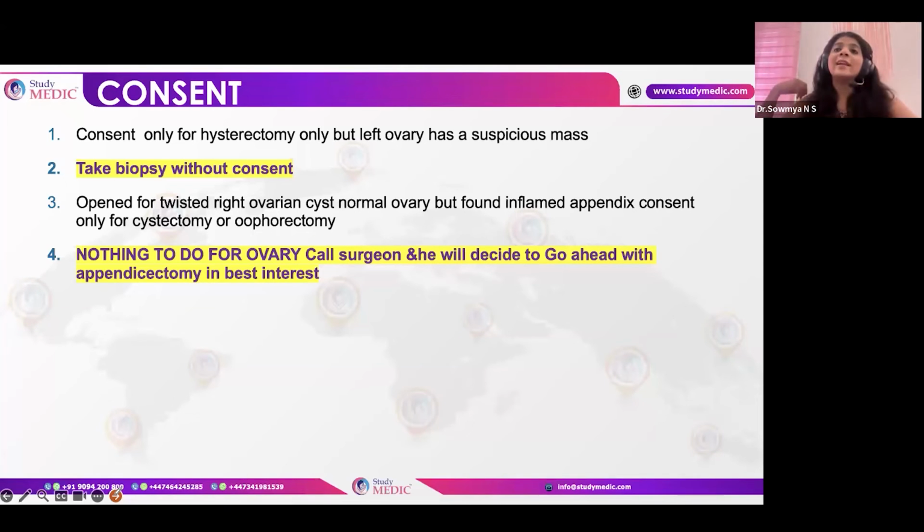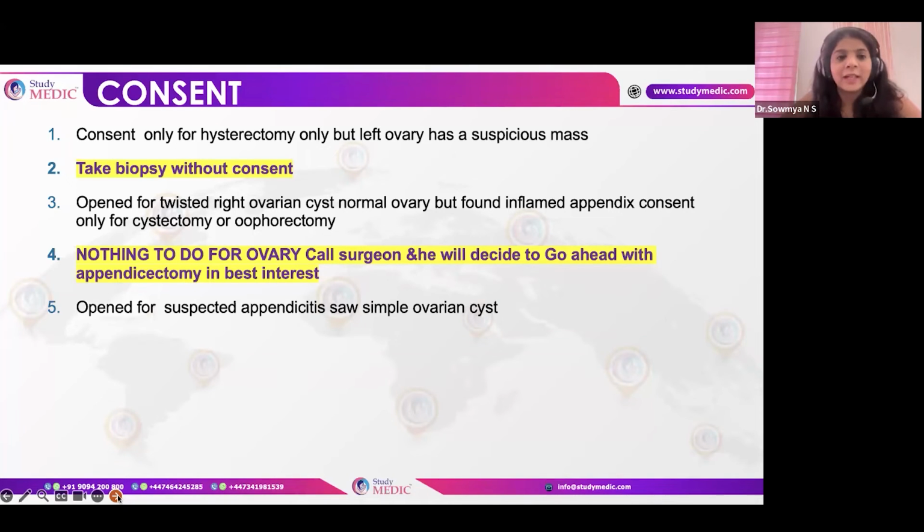You open thinking it's a twisted right ovarian cyst, but it's an inflamed appendix. Obviously, because the ovary is normal, you have to do nothing, but you will call for the surgeon. Obviously, that's the protocol, and they would be going ahead with appendicectomy. That is their choice, the surgeon's opinion. We cannot comment whether they have to go ahead or not because the specialties are different. What would you be doing as a gynecologist? The ovary is normal, so you don't do anything, you just leave it like that.